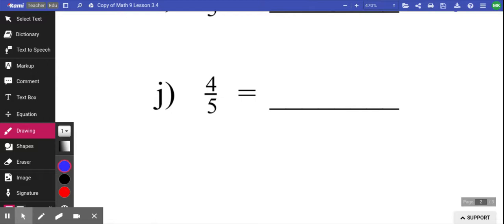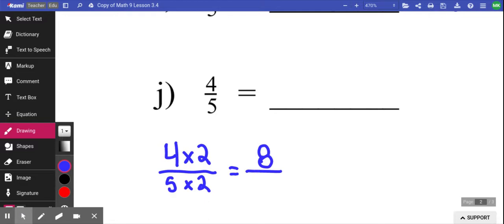there's a tricky way to figure it out quickly. The way you can figure it out quickly is by doubling the top and the bottom. In math, we can get equivalent fractions, right? By multiplying the top and the bottom by the same thing. So if I multiply the top by 2 and the bottom by 2, that gives me 8/10.